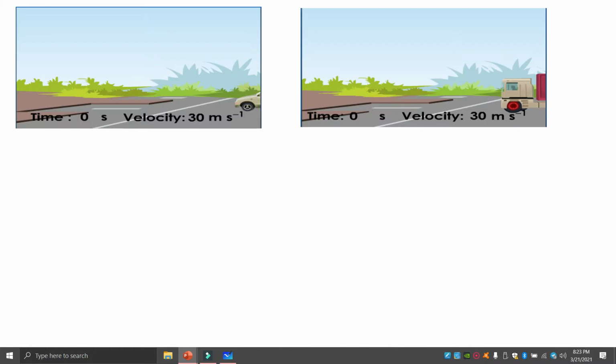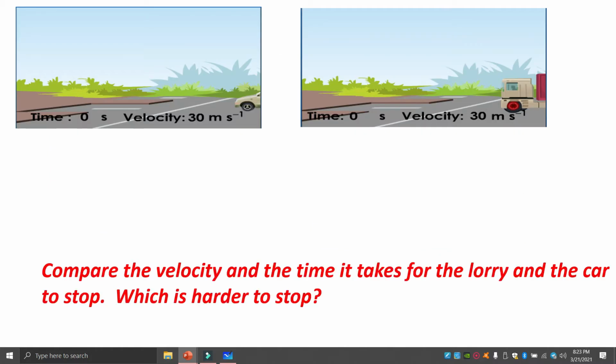Then let's say we have another example. You have to compare the velocity and the time it takes for the lorry and the car to stop. Which is harder to stop? You have a car and also a lorry. Of course the car has a low mass compared with the lorry, and the velocity here is the same.